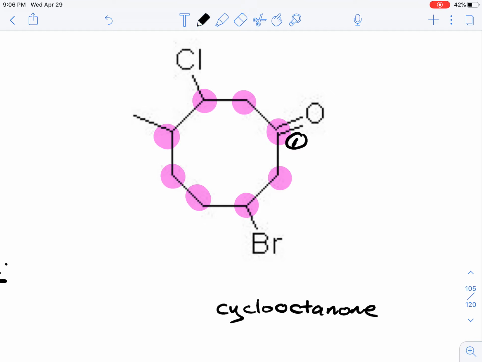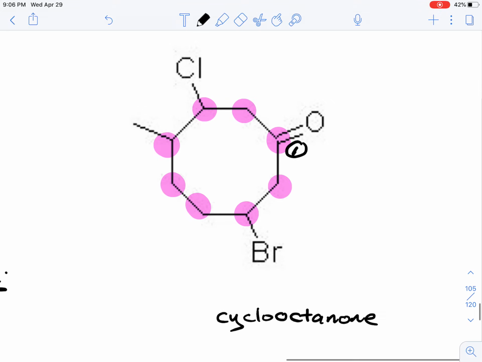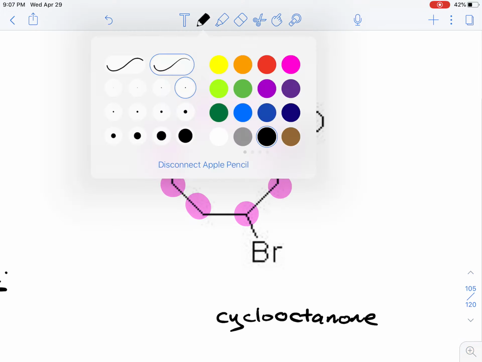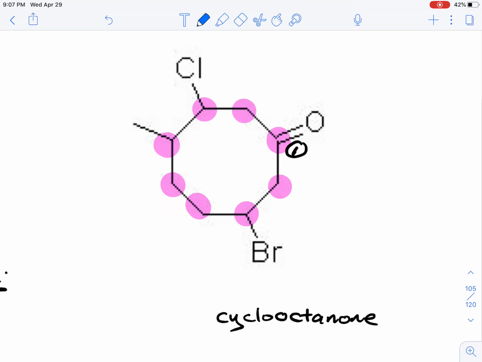So now that I know my parent name, I'm just going to go ahead and number it so that I can get the lowest carbon number on my substituents. So I'm going to go ahead and change my color real quick. So let's do this in blue.